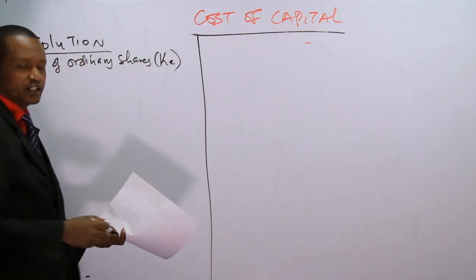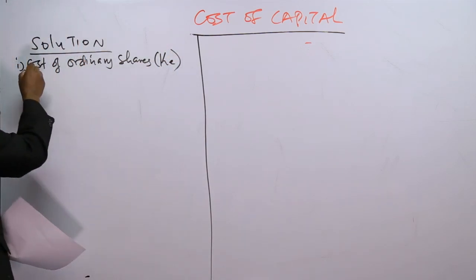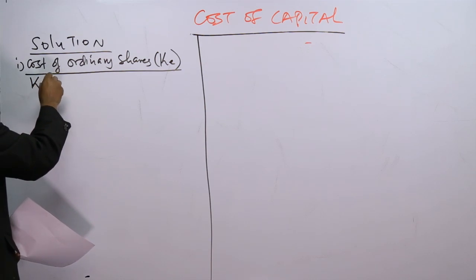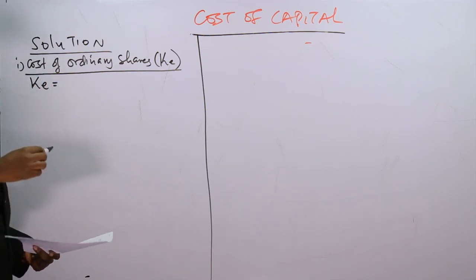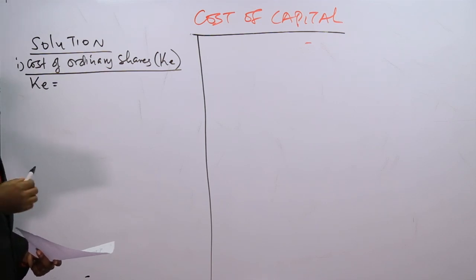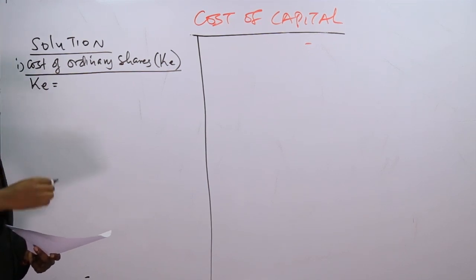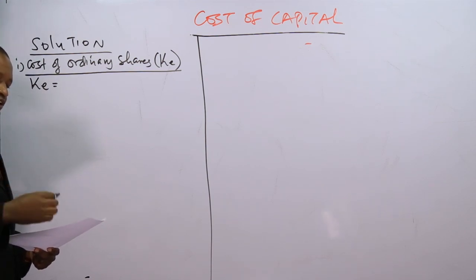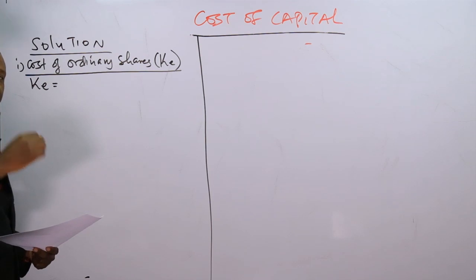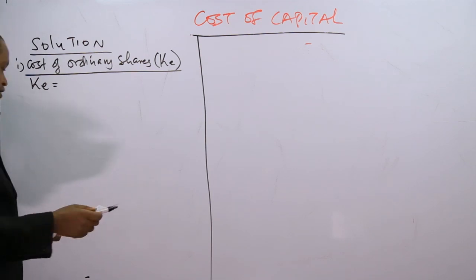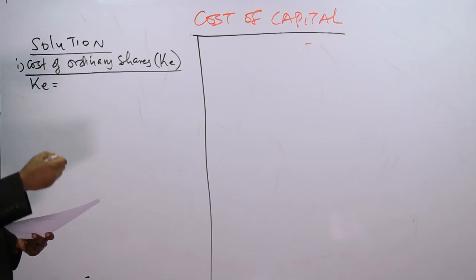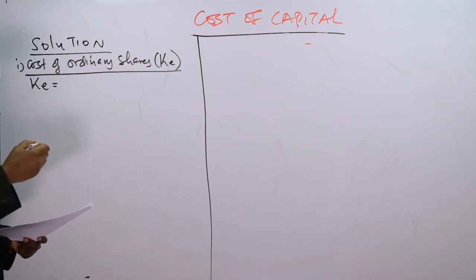So one important thing to determine before you calculate the cost of ordinary shares KE, you need to check from the question, is this firm a zero growth firm or a constant growth firm? That information should be provided in the question. The question should direct us as to whether the company is a zero growth firm or a constant growth firm. Now from the information here, there is no growth rate provided, which means this is a zero growth firm.